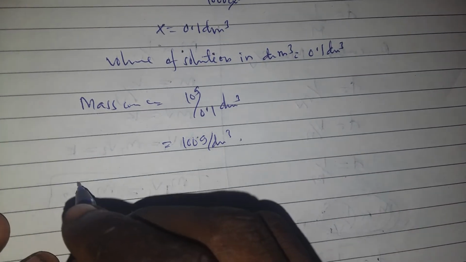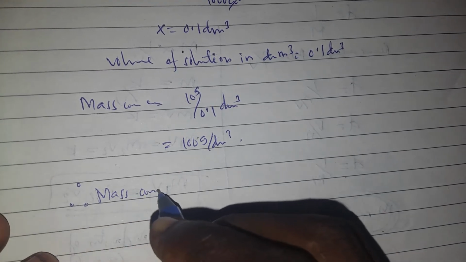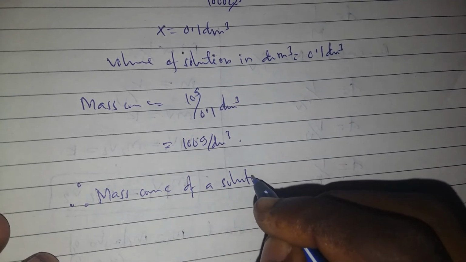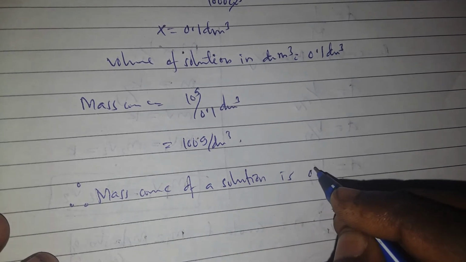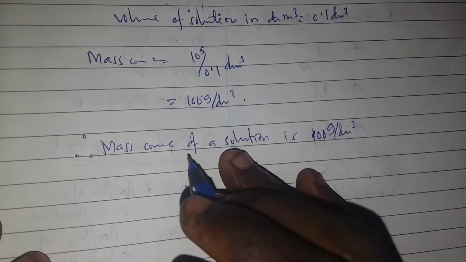This is mass concentration. So therefore mass concentration of a solution is 100 gram per dm³.